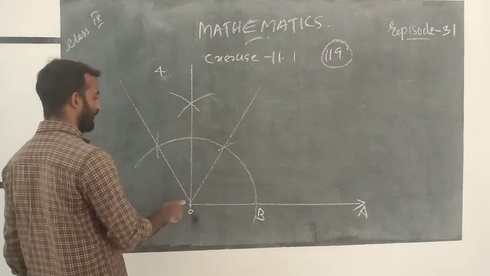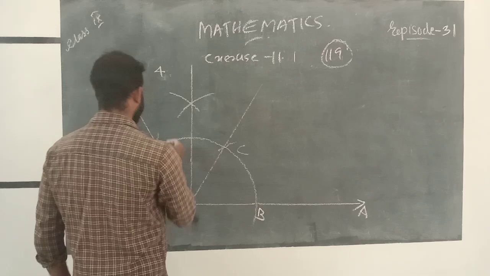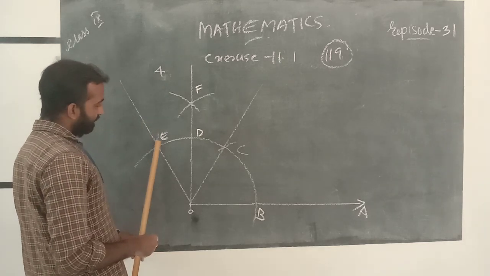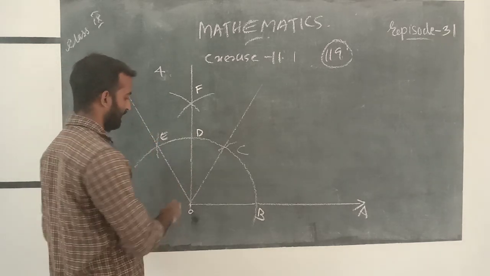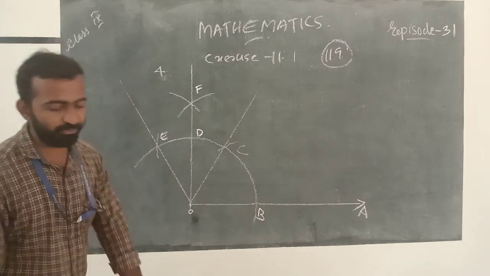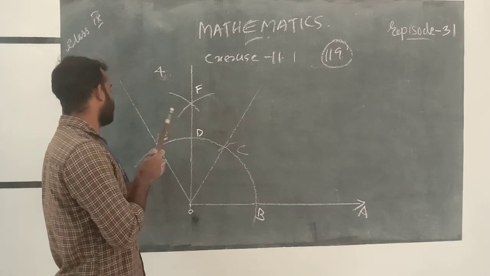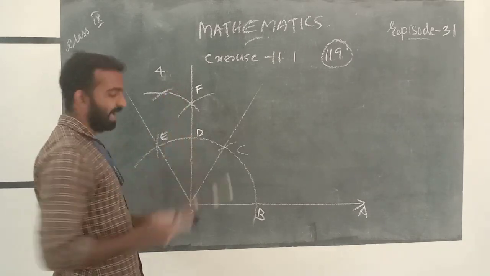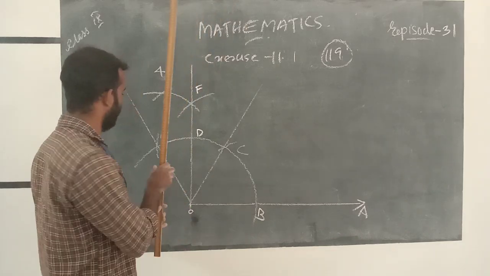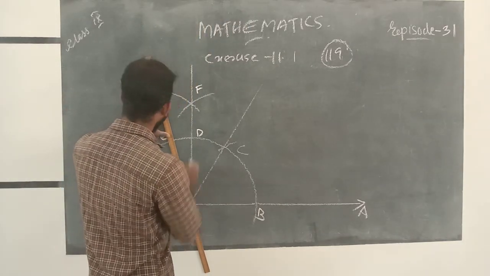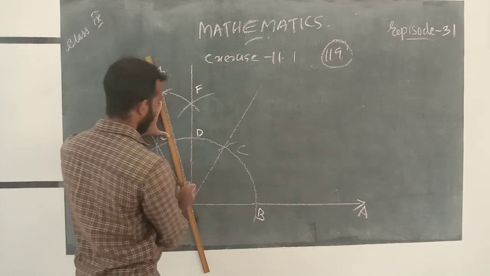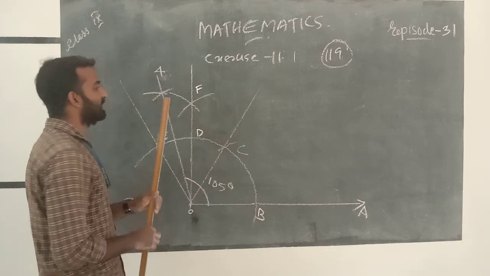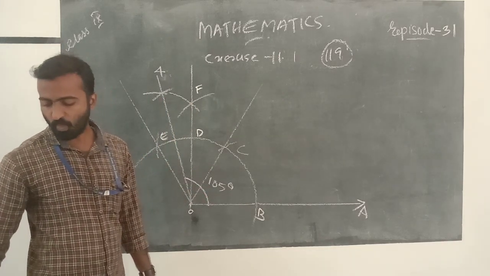Next we take the bisector of this angle, with points C, D, E, F. We take more than half of the length ED as center, mark an arc, and join these points. That means this is 105 degrees.